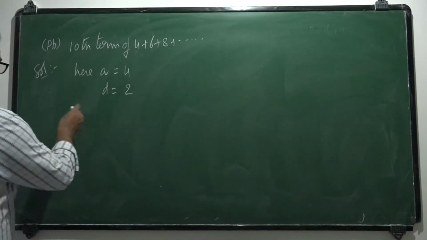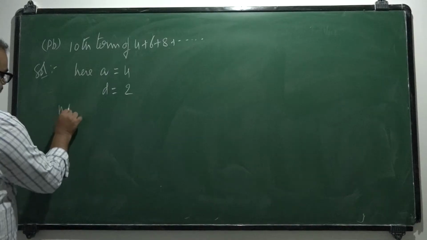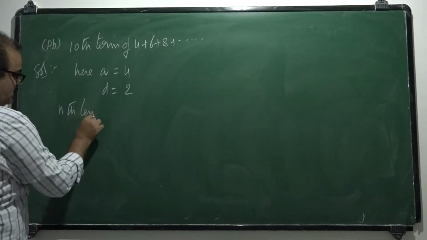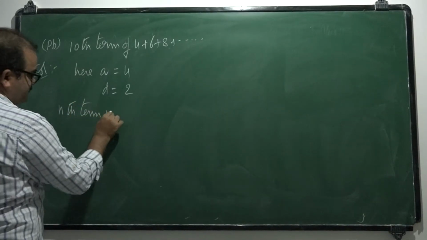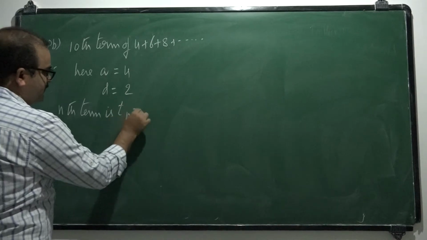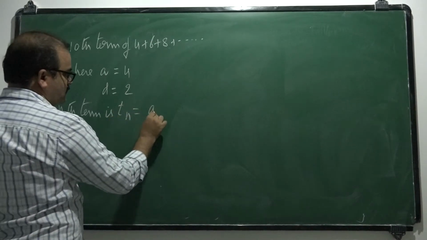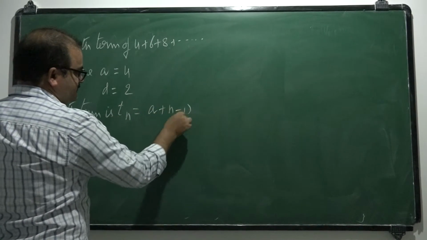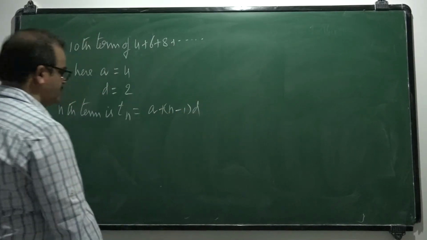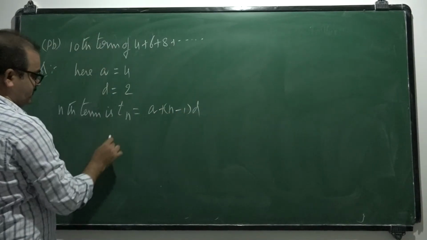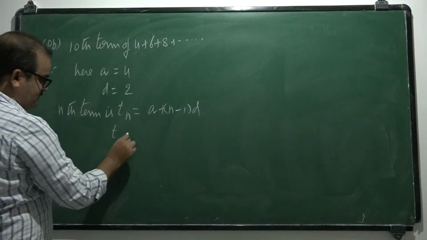We know the nth term in AP is Tn is equal to A plus n minus 1 into D. Here we want to find the 10th term, that is T10.